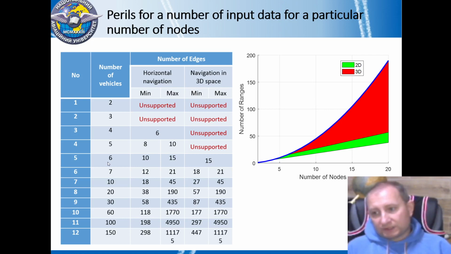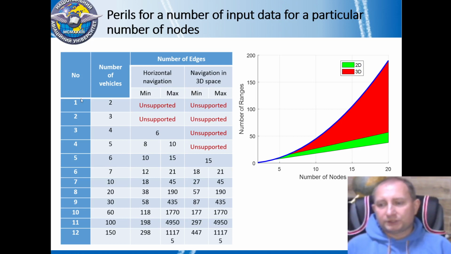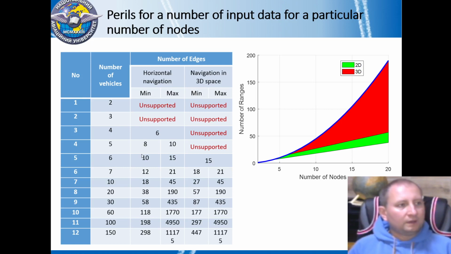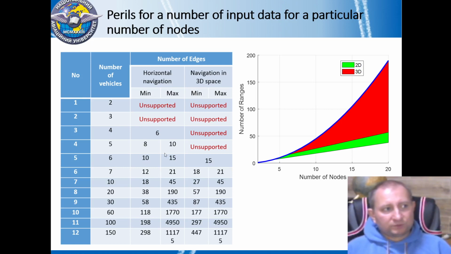In the case of 6 vehicles, using in-vehicle formation movement, the maximum number of measured edges is 15. However, for solving the navigation equation, we need just 10.